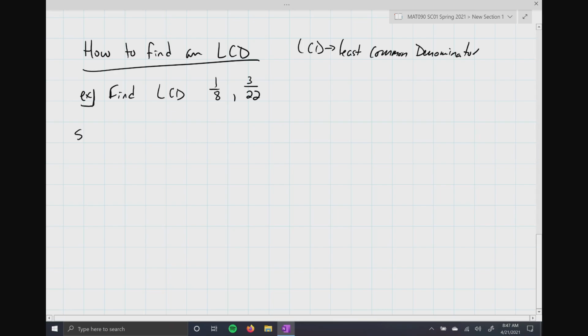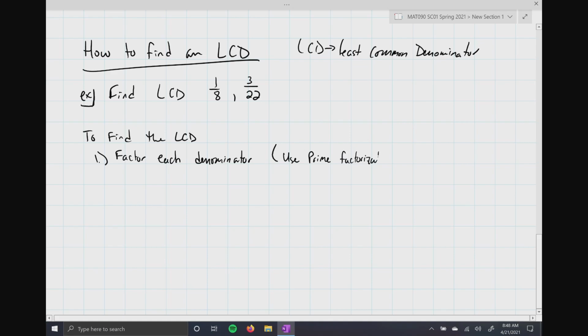So here we go. Step 1. Well, let me write this. To find the LCD, step 1: you're going to factor each denominator. In the case of numbers, you're going to use prime factorization.